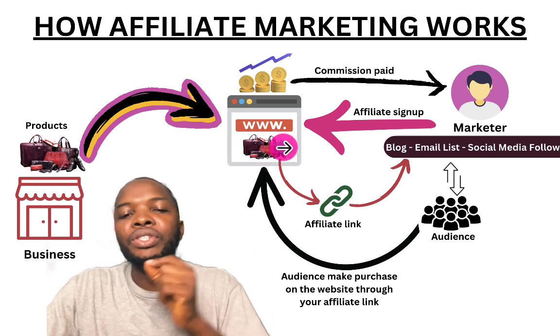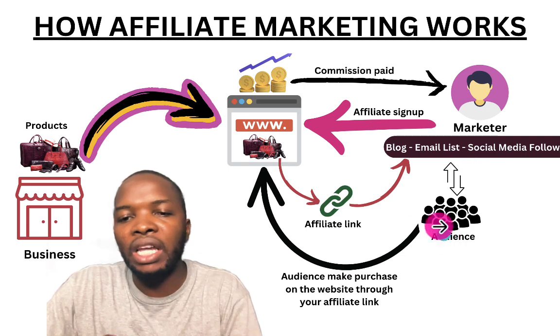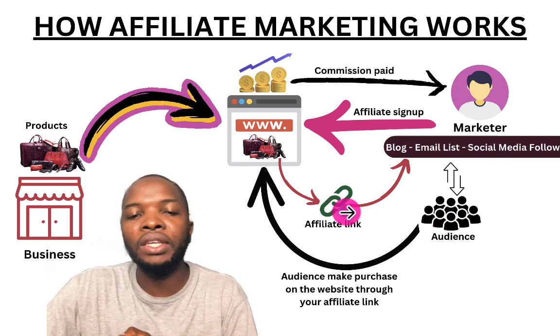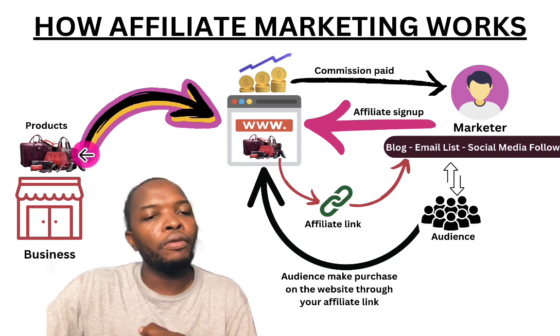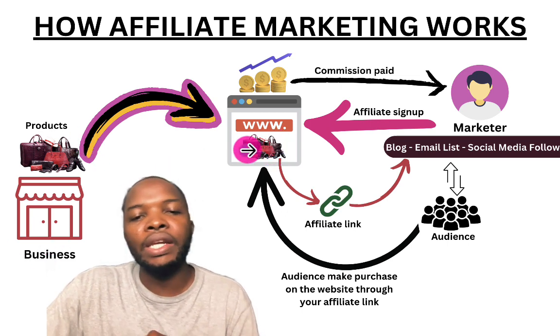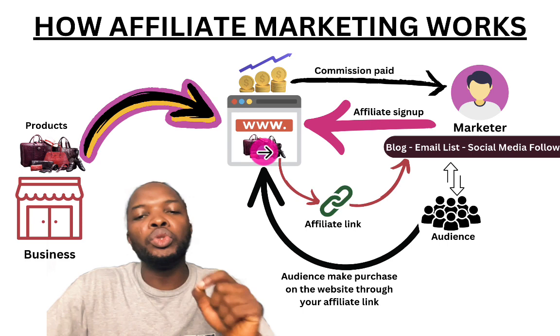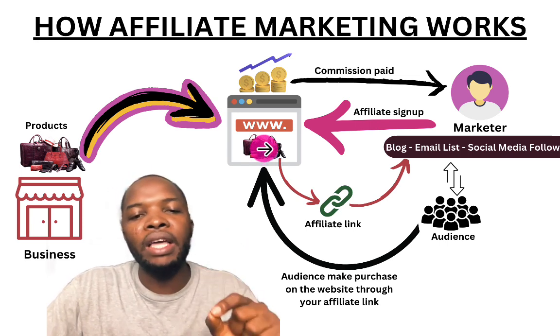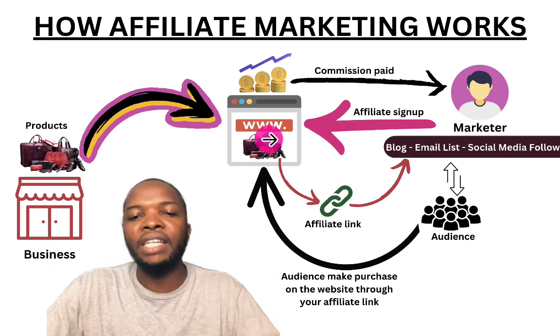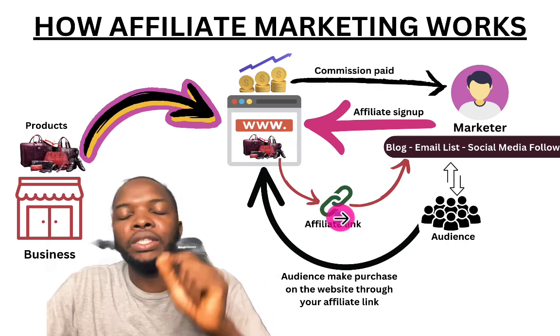So let's say the audience that come from your website, after clicking on your affiliate link, arrive on the affiliate website and they purchase the product from this business. Now that they purchase the product, you will be earning commission each time people buy a product on the affiliate website through your affiliate link.